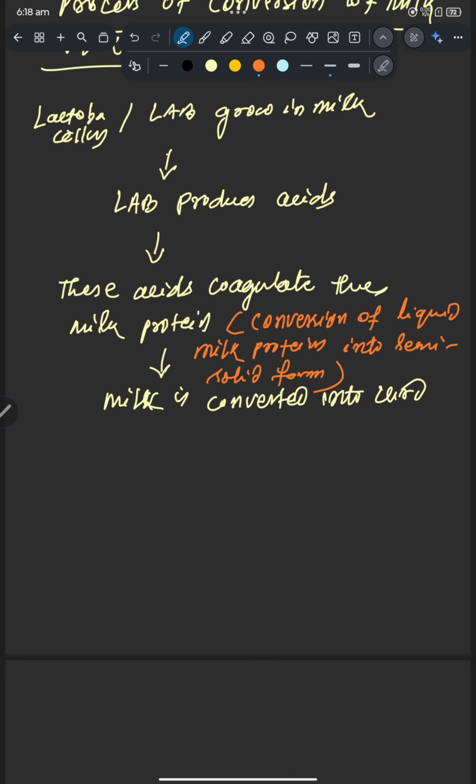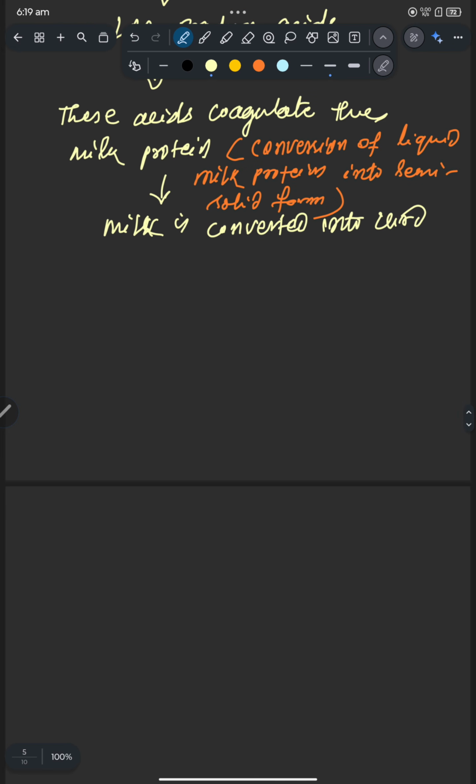Okay, so this is called coagulation. Now, here what happens, the milk protein is not completely digested. The milk protein is partially digested.